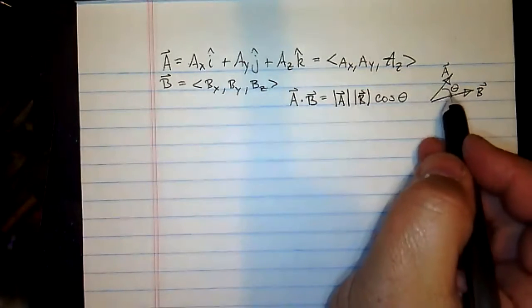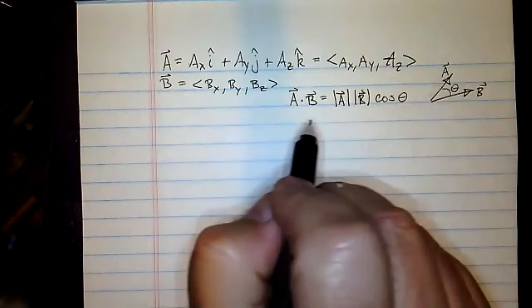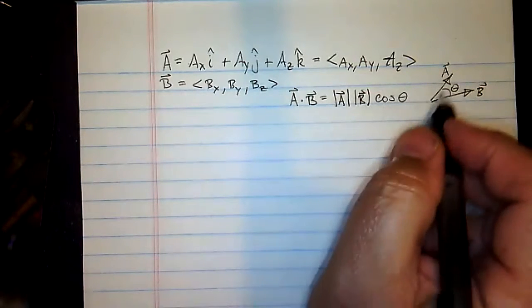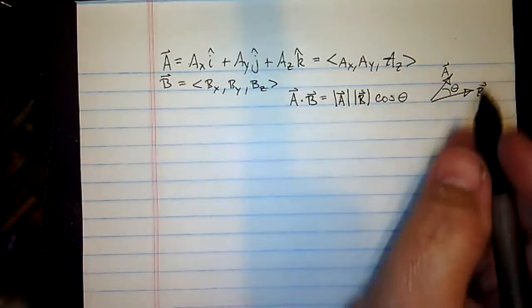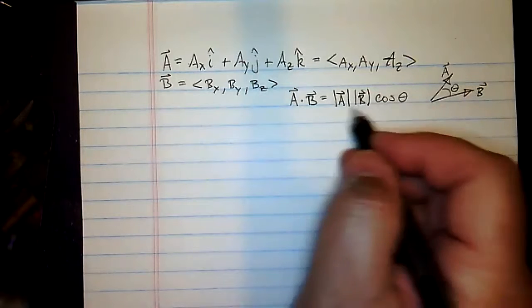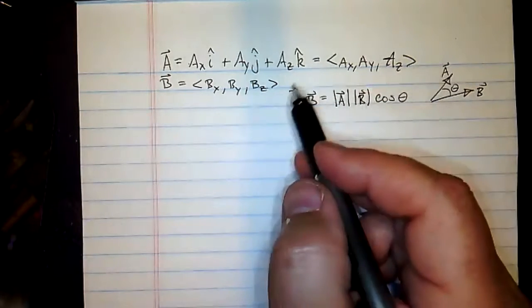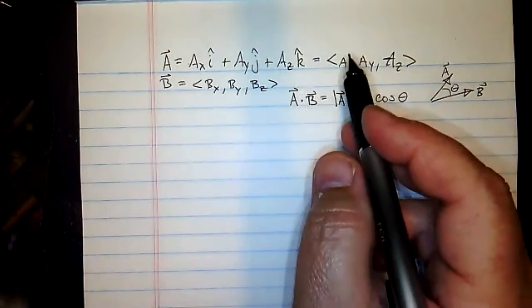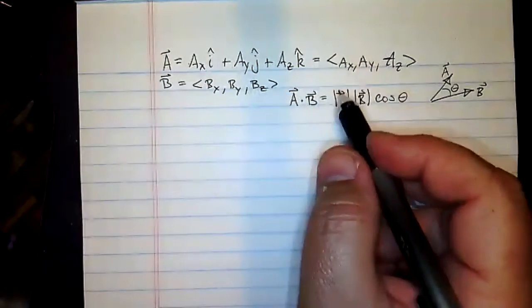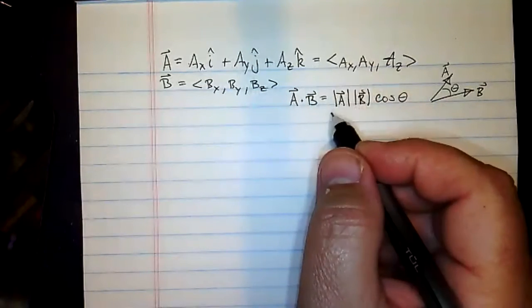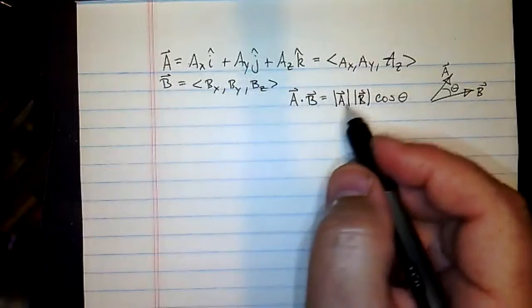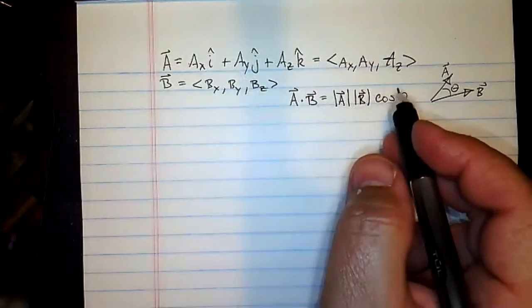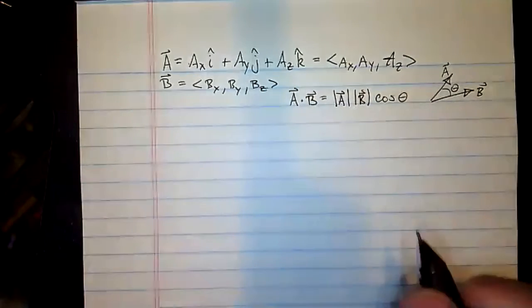Obviously, that angle can vary from 0 all the way up to pi or 2 pi, in which case it can be positive and negative. But there's another definition specifically that I'd like to use, because normally you can use this other definition to get this side. And then, of course, knowing A, you can use the Pythagorean theorem to calculate the magnitude of A, and the magnitude of B, and then you can use this to determine the actual angle between two vectors.